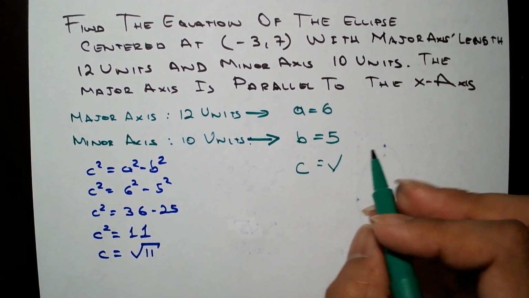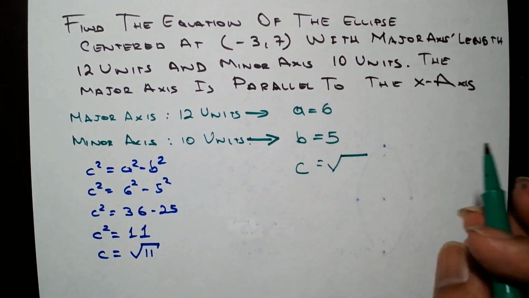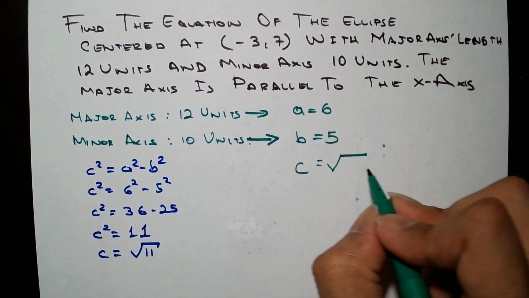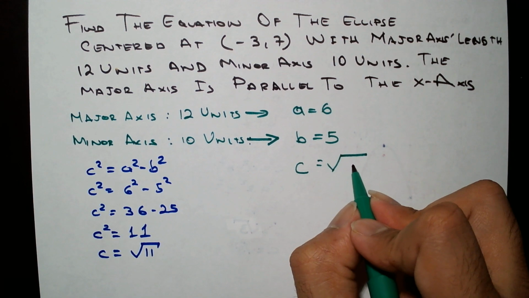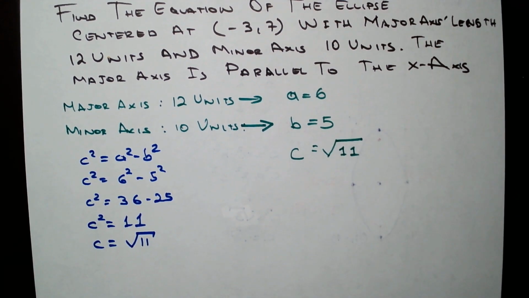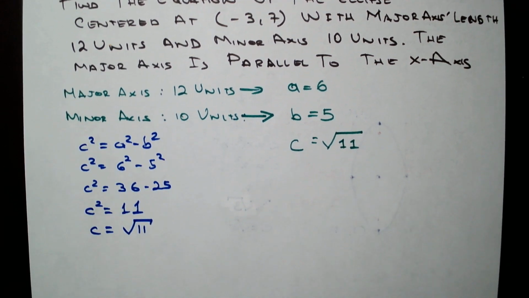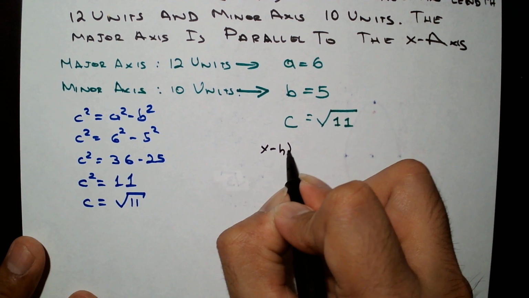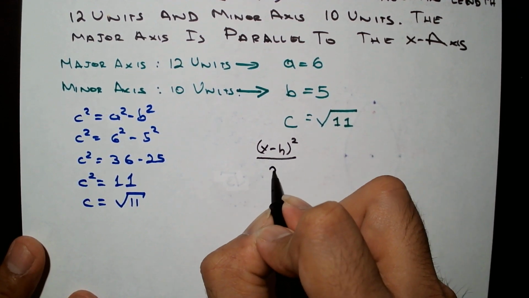So we have pretty much everything we need to get the equation. In this case, the equation will be that of x minus h squared over a squared.